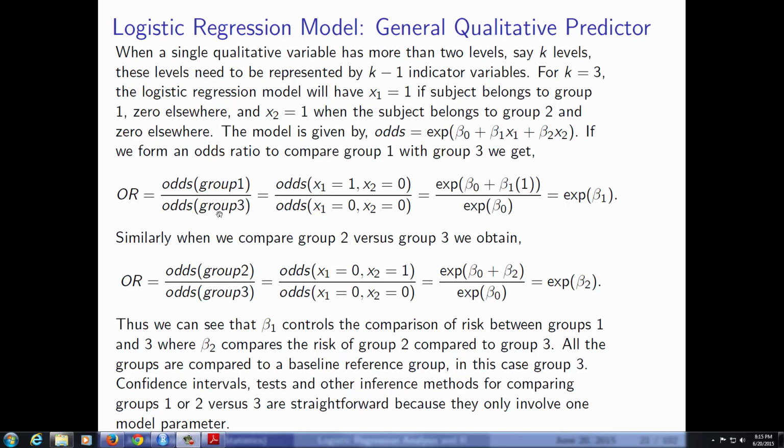If someone's in the denominator in group 3, both of their grouping indicators are 0, and so you'd get just e to the beta naught. Canceling, you'd get e to the beta 1.